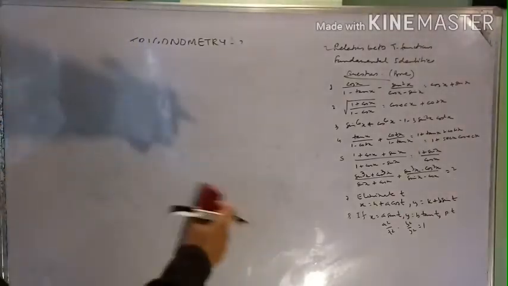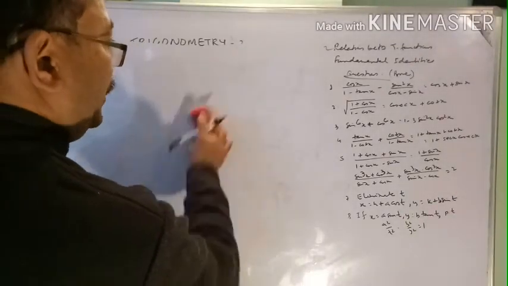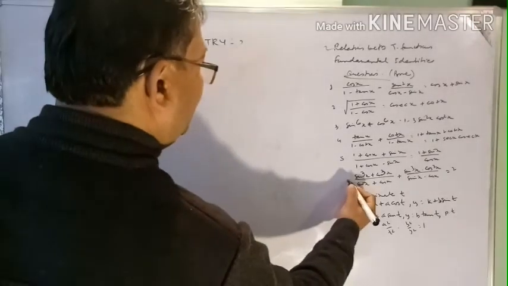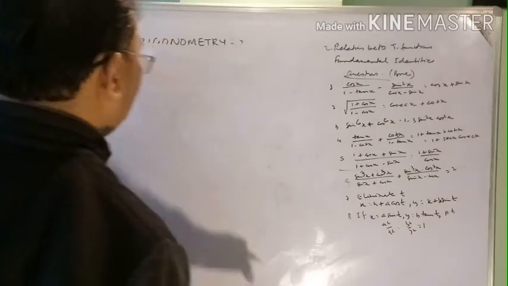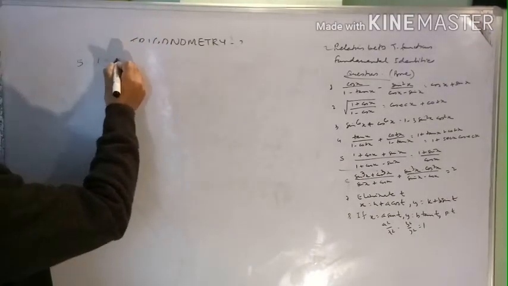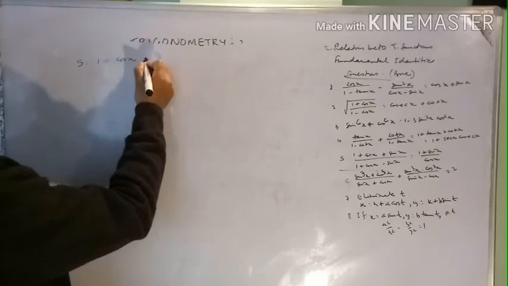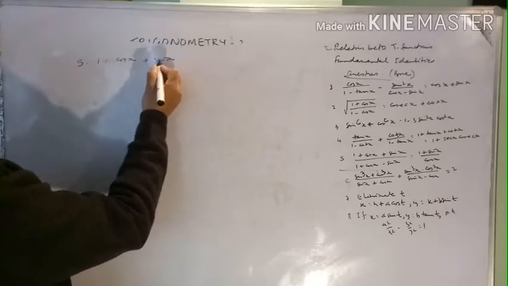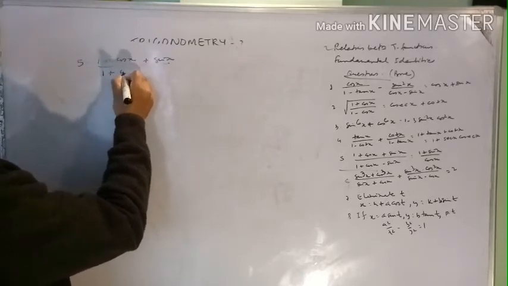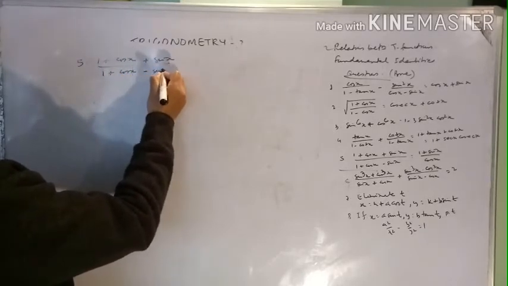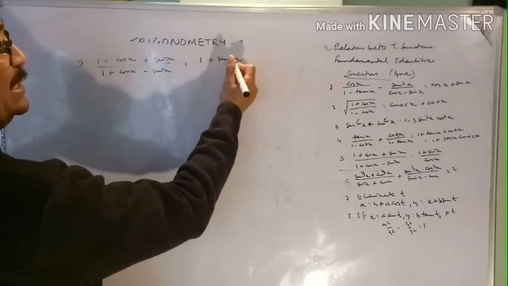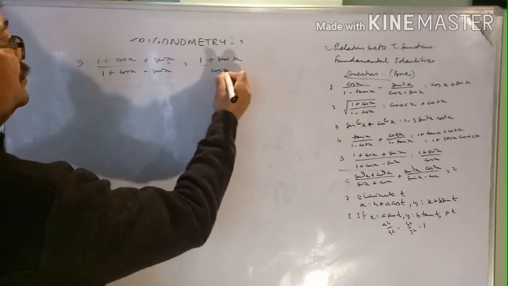Now we'll take the last question today, that's number 5. Question number 5: 1 plus cos x plus sin x upon 1 plus cos x minus sin x is equal to 1 plus sin x by cos x.